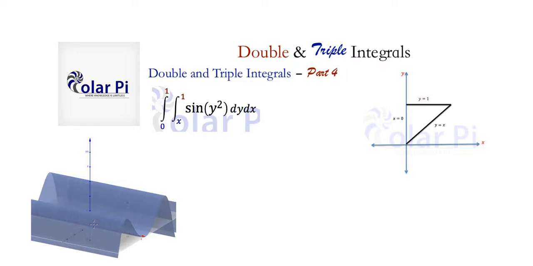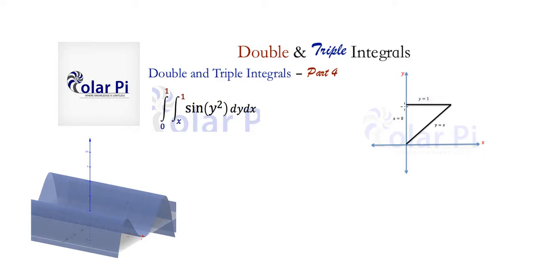The surface sine of y squared is right here, but we're only concerned about the part that lies directly above this triangular portion, which is when y goes from x to 1 and then x goes from 0 to 1. Then we form this triangular region, which lies directly below this surface in the xy plane.